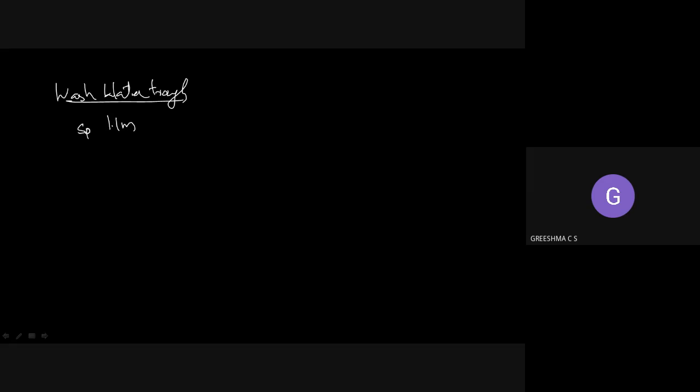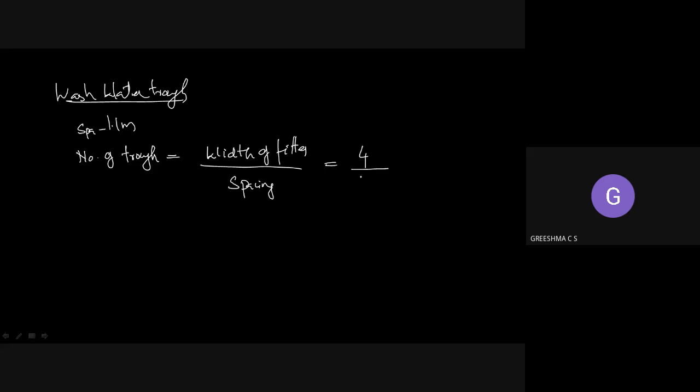Okay, 1.1 meters wash water trough spacing assumed. Okay, number of troughs is equal to width of the filter divided by spacing. Width of 4 divided by 1.1.